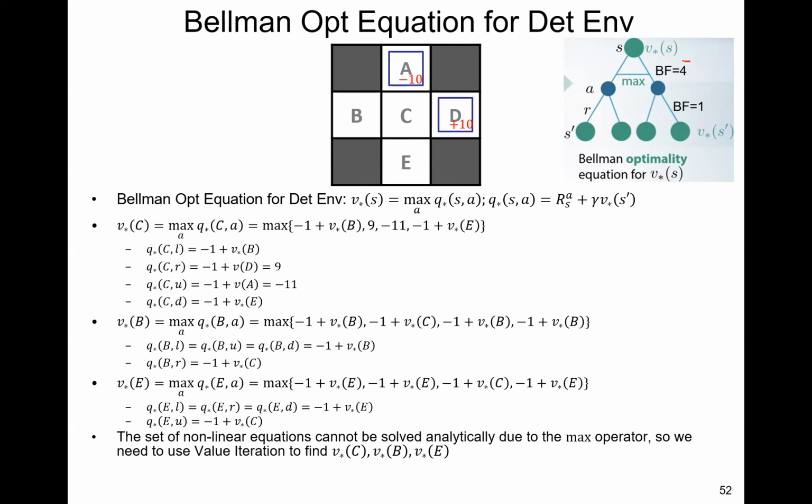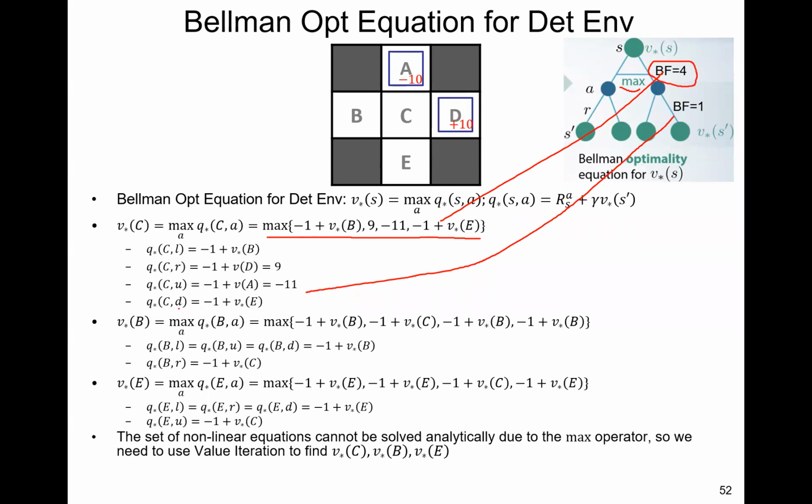The branching factor from a state is always 4 for the Bellman optimality equation, and you take a max. So therefore, within the expression for V, you always have 4 terms. And then for the deterministic environment, you have the same expressions for Q expressed in V, except now it's Q star and V star.